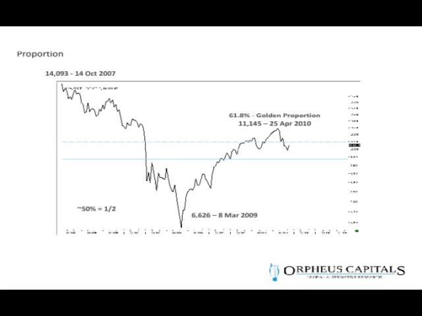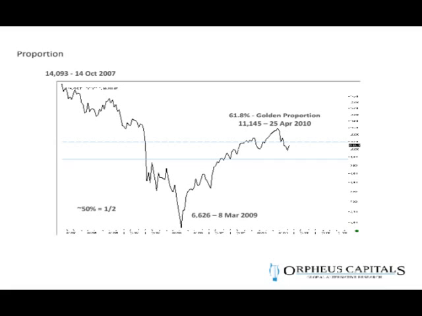challenge the previous proportion. The previous proportion from 2008 was down, and the market went down till March 2009. If there is a change of trend and Dow Jones has to go to a new high, it has to first challenge the most significant proportion, that is 61.8.